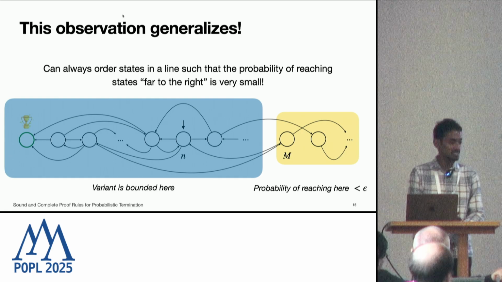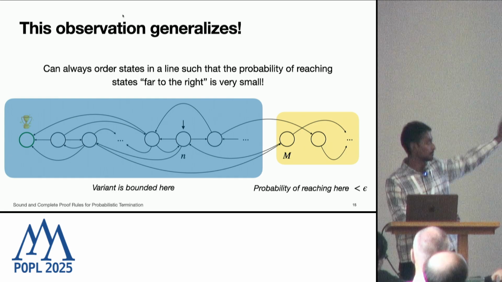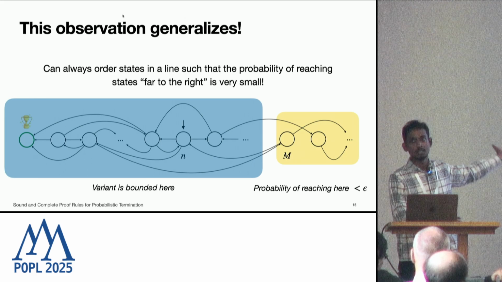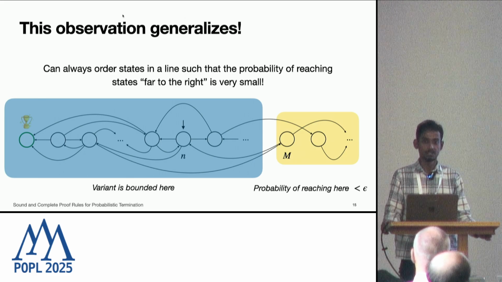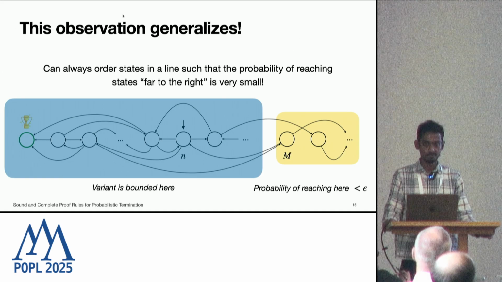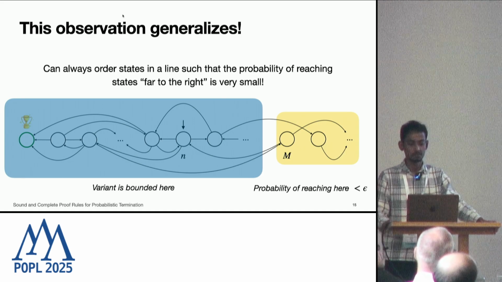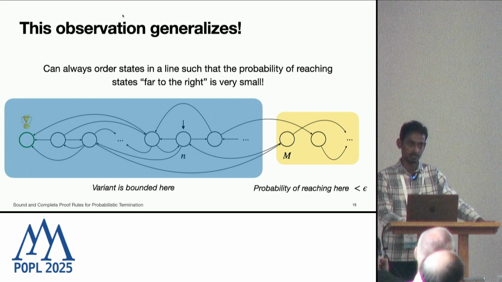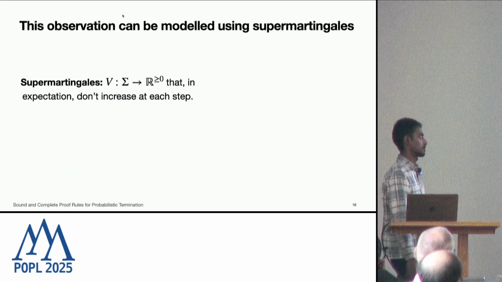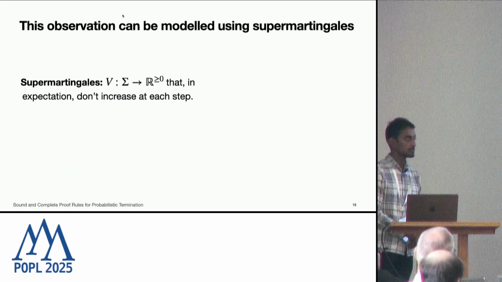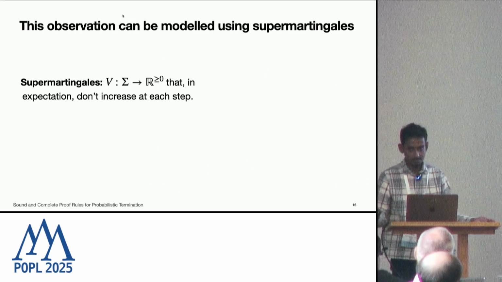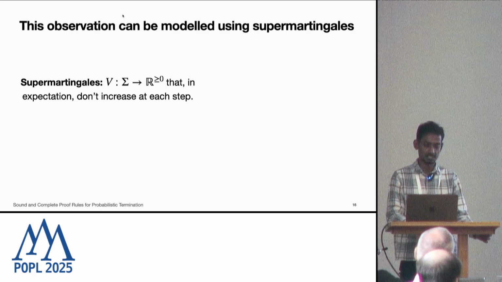All right? And this observation is something that we use heavily in our completeness proof. How do we use this observation, though? Well, we use supermartingales to witness this observation. And these are simply functions that, in expectation, do not increase at each execution step.